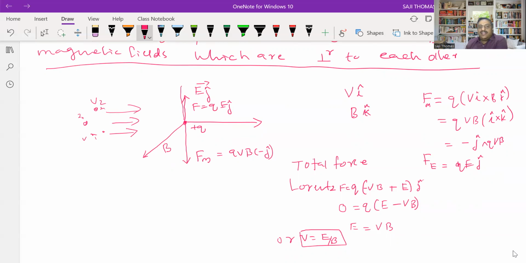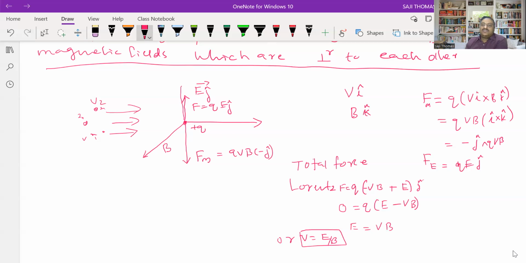Only particles having the constant speed v will pass undeviated, straight through. So we can separate particles of a constant speed from a collection of a large number of charged particles with different speeds and masses. Only particles having a constant speed will pass undeflected.